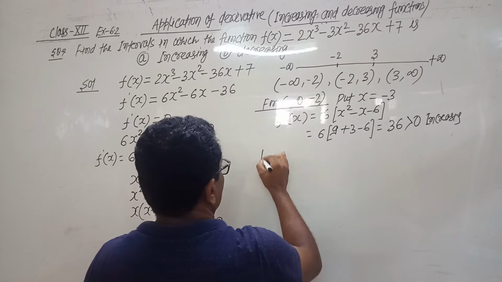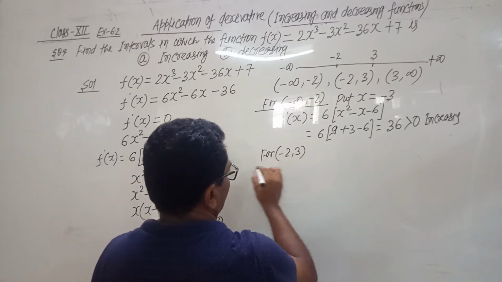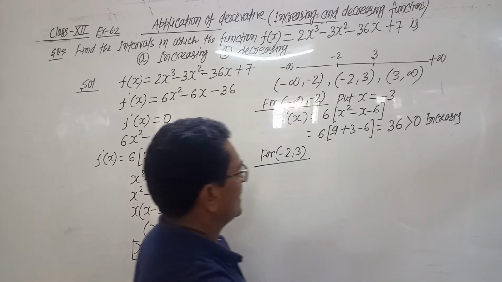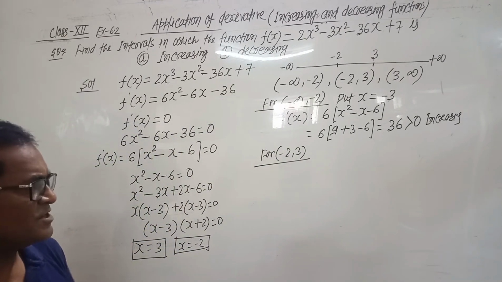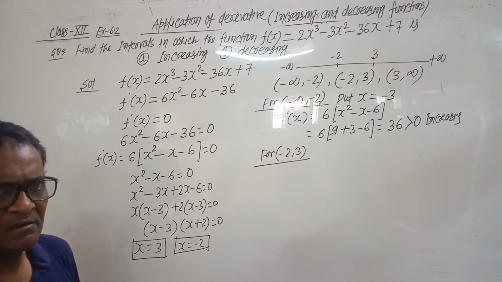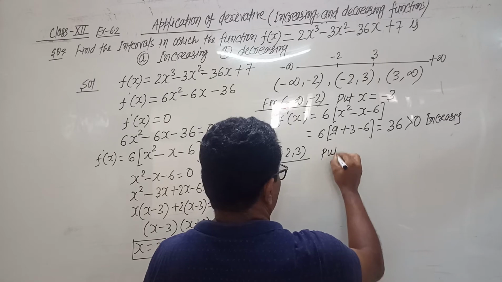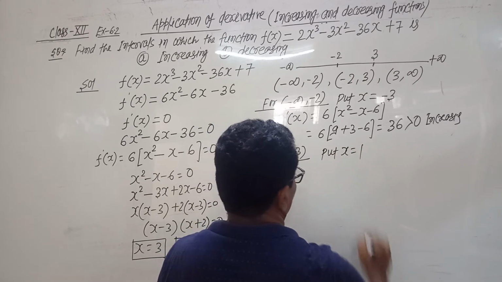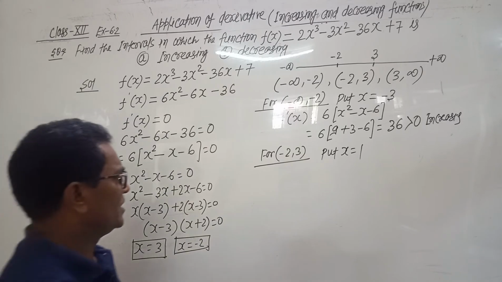Let us take another interval, -2 to 3, and the value of x lies between -2 and 3. So it may be 0, it may be 1, 2. Let us put x = 1.